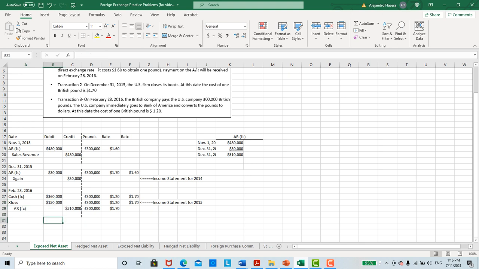So you split the gain or loss: $30,000 gain here, this year $150,000 loss there. So you lost 120,000 on exchange rate losses. Of course, I exaggerated this for illustrative purposes, but you split the recognition: you made 30,000 in one year and lost 150,000 in the other. That's against revenue of 480,000.